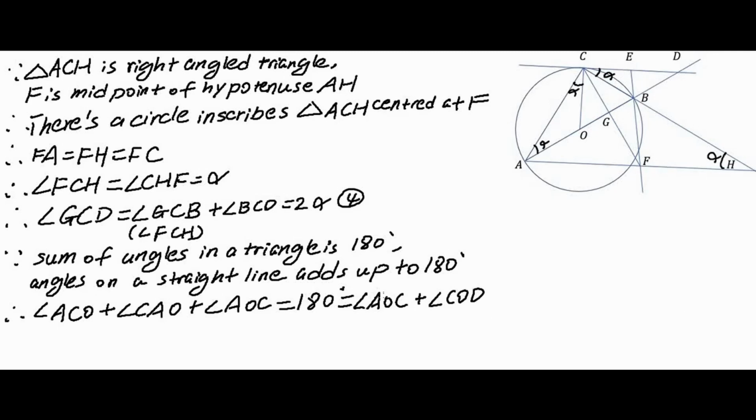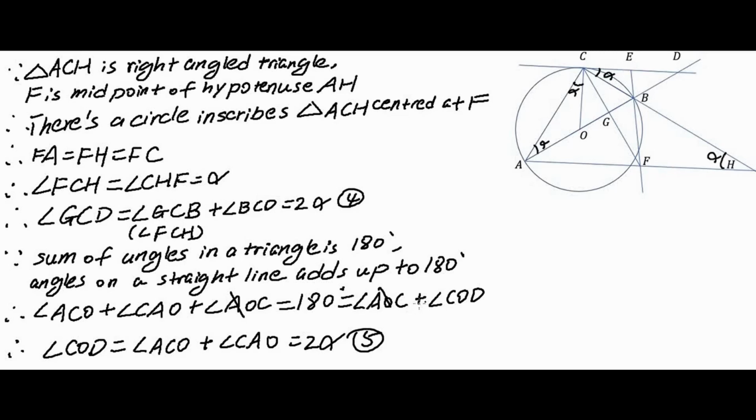Now, by cancelling out the two AOCs on both sides of the equation, we arrive at a pretty important result that angle COD equals 2 alpha. And we can label this as equation 5.